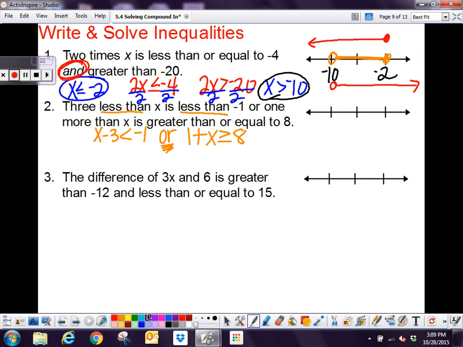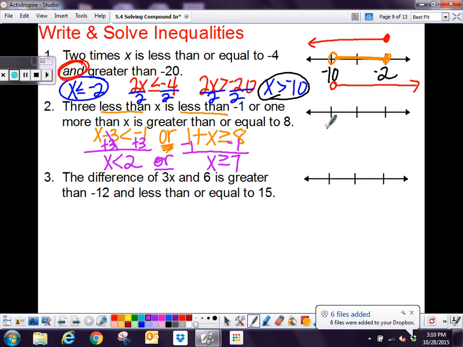Okay, so we're going to solve these so we can graph them. We're going to add 3 to both sides. That gives me x is less than 2, or I'm going to subtract 1, so x is greater than or equal to 7.